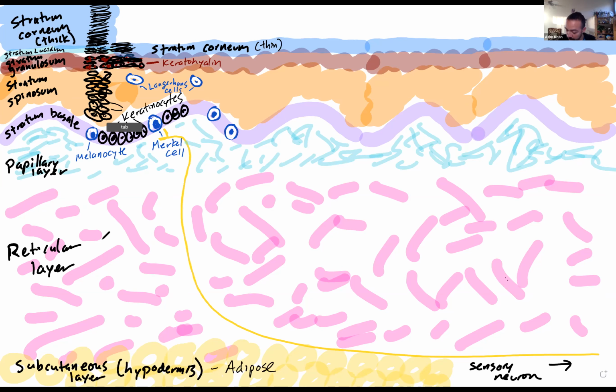The reticular layer is dense, irregular connective tissue. The papillary layer is areolar connective tissue.